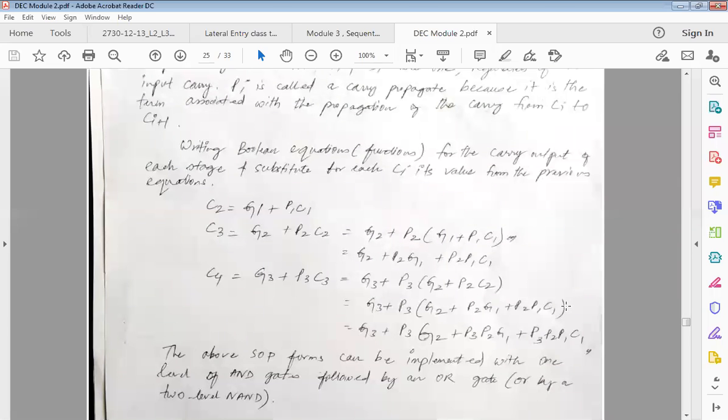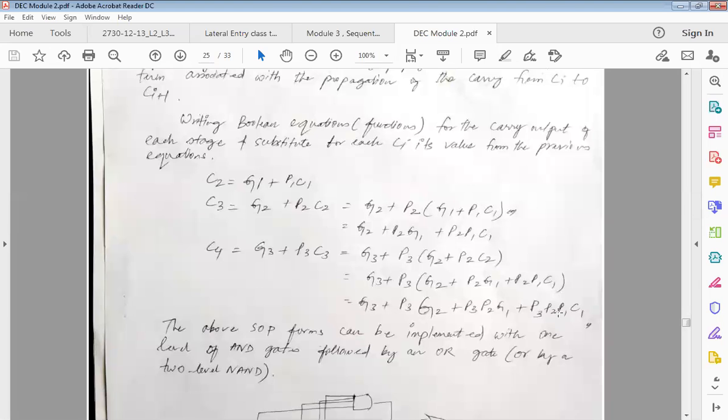So what I will do here is G2 plus P2 G1, because C2 value is what? G1 plus P1 C1. So I will be putting that in the bracket here and I have directly multiplied, right? Similarly, G3 plus P3 into G2, we are just multiplying terms. P3 P2 G1, then P3 into P2 P1 C1.